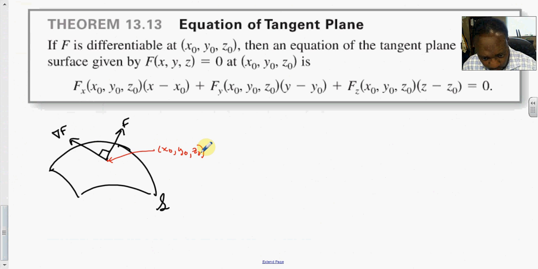So what we will do here is to pick some arbitrary vector that they call here x, y, z, and form this vector v in relationship to this fixed point.